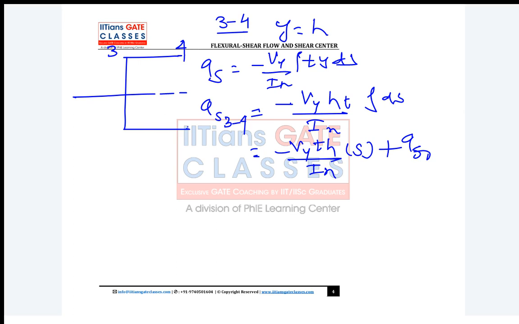Now we need to find Qs naught. So we know again for section 3 to 4, when s equal to 0, what is Qs 3 to 4? It will be Q3. Now what is the Q3? We know from previous equation, Q2 was equal to Q3.